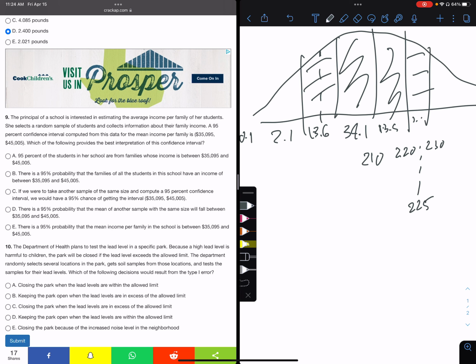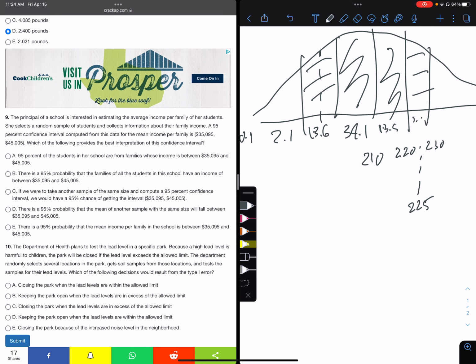The principal of a school is interested in estimating the average income per family. She selects a random sample of students and collects information about their family income. A 95% confidence interval computed from this data for the mean income per family is 35K.